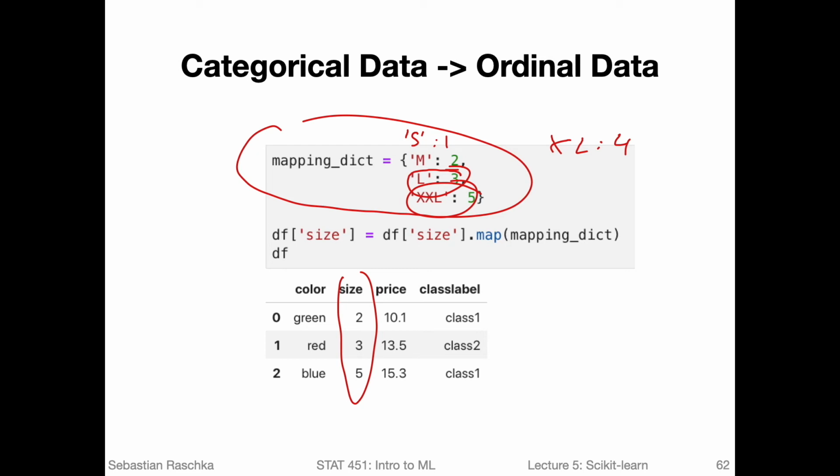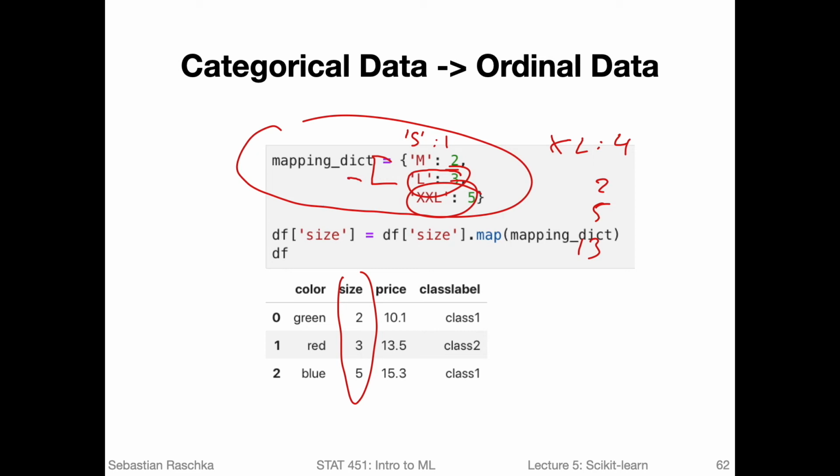I could also choose numbers like 2, 5 and 13 or something like that, because maybe the difference between M and L is less than the difference between L and XL, or of course also L and XXL.